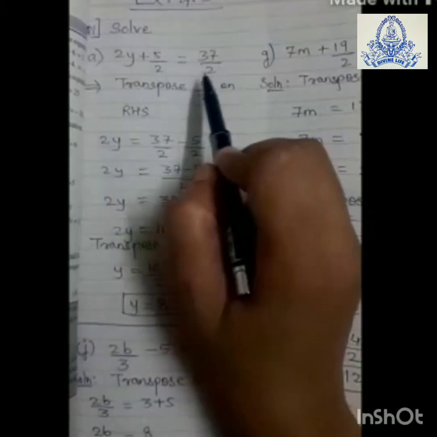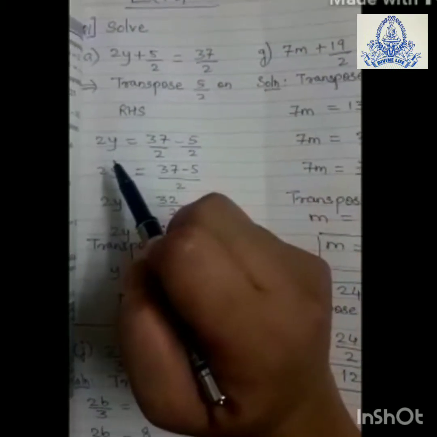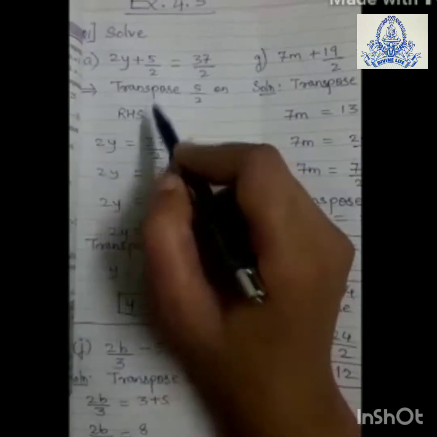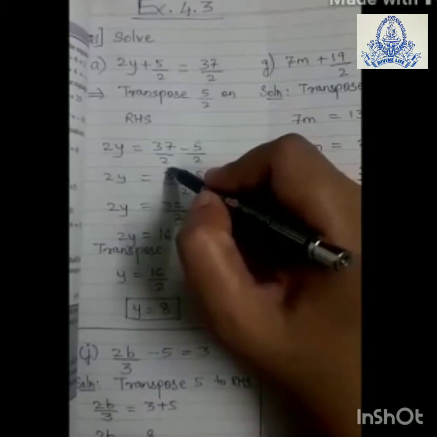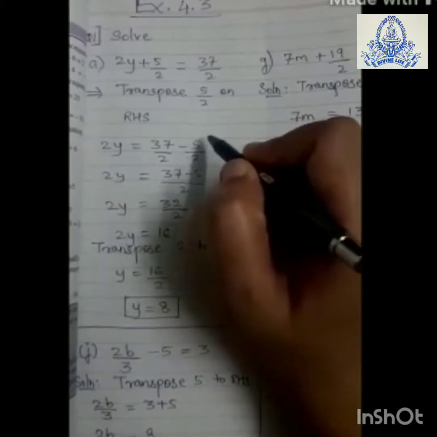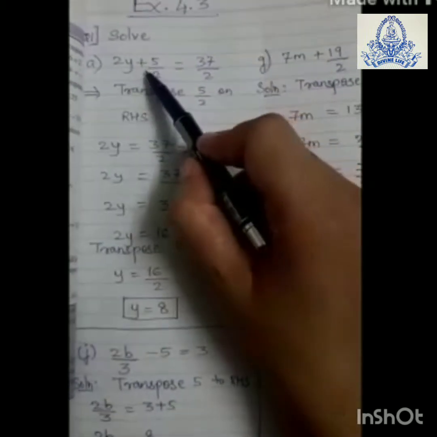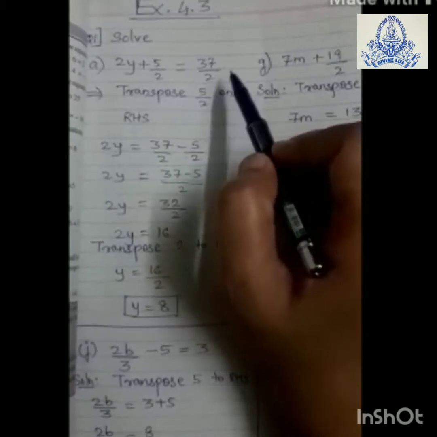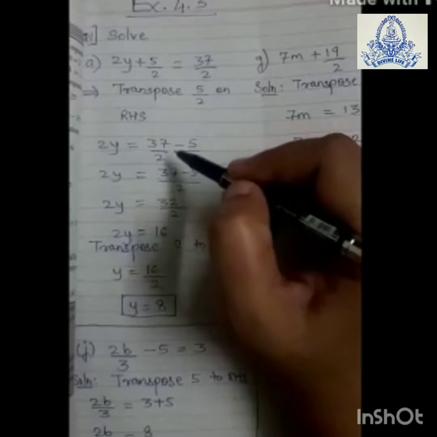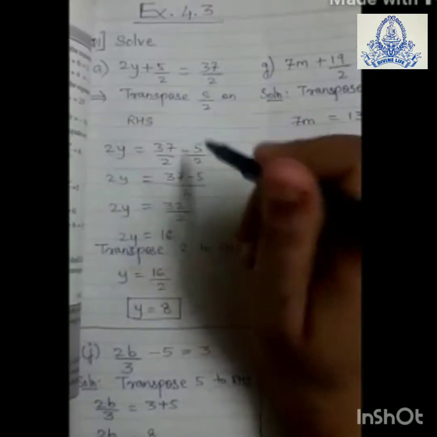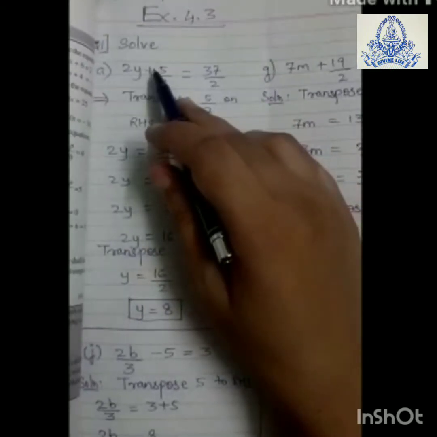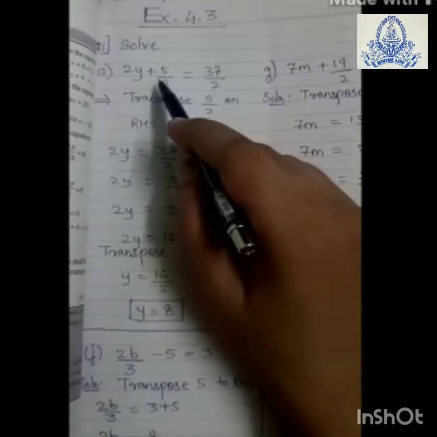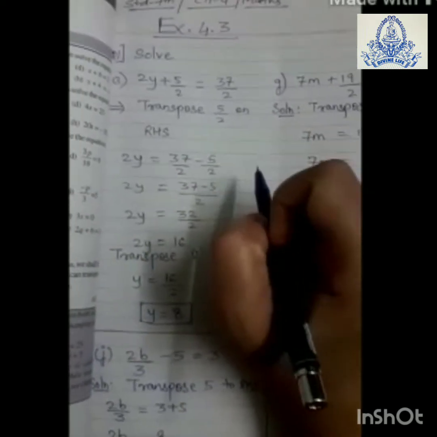It is on the LHS, so we have to transpose it to the RHS. So 2y remains as it is, equal to 37 upon 2 minus 5 upon 2. This is plus, so on changing the side of the equality it will become the opposite sign. It is positive, so it will become negative.